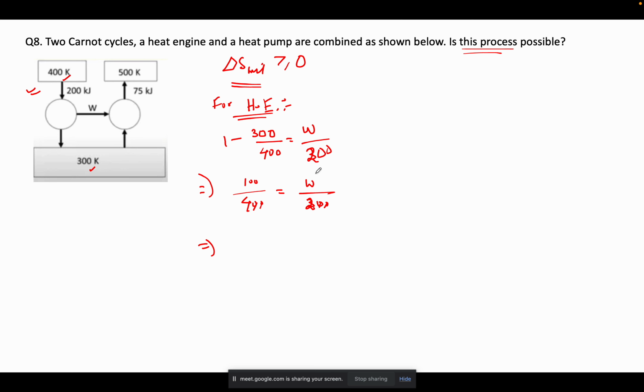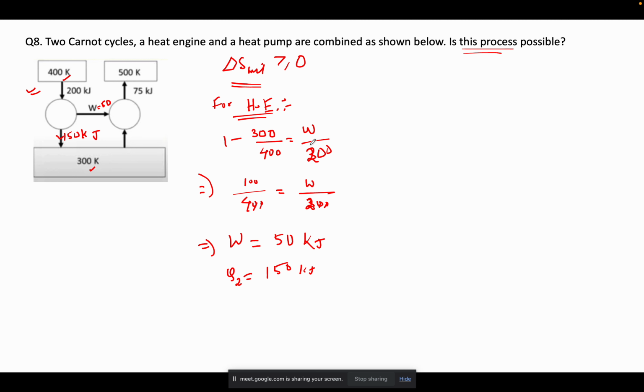So 200 divided by 4 is 50. So my W is 50 kilojoule. Now if my W is 50 kilojoule, the amount of heat that is rejected I can calculate. This is basically 200 minus 50, which will be my 150. So my Q2 for the heat engine is 150 kilojoule.